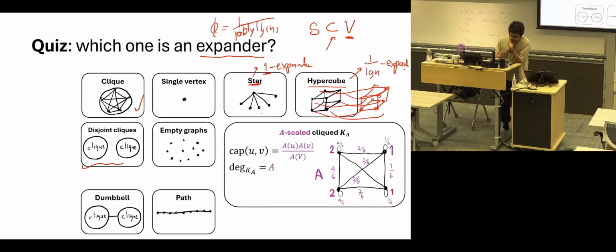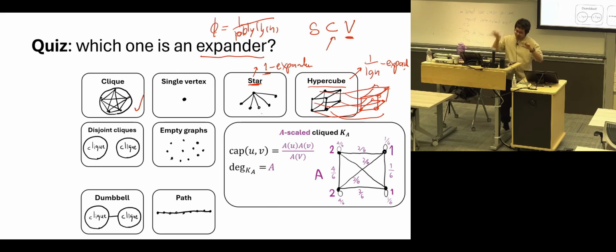What about this thing, this disjoint cliques? Is it an expander? Well, yes, because that's how we define it right now. We just say that each component is an expander. So each component here is an expander, so it is an expander. It's kind of like the case we viewed before, with many connected components.